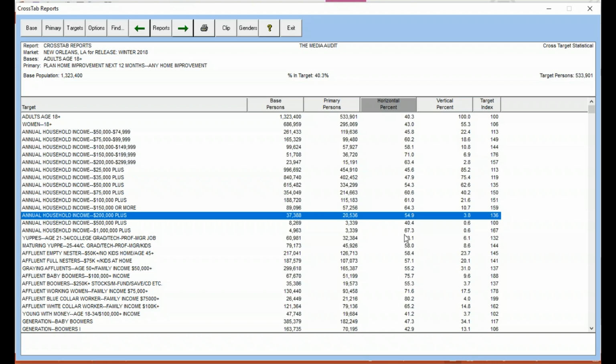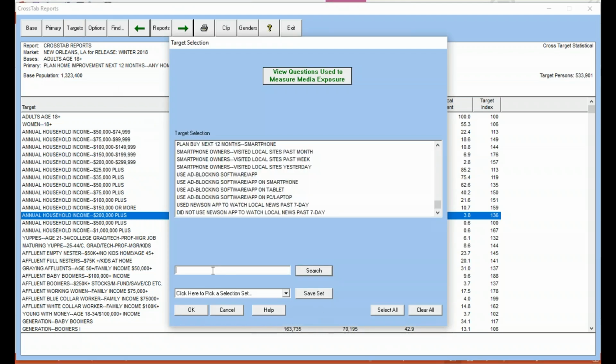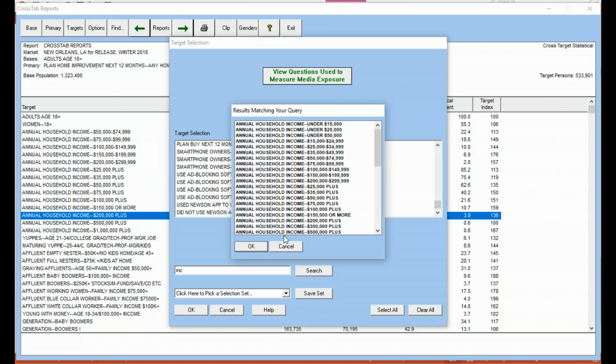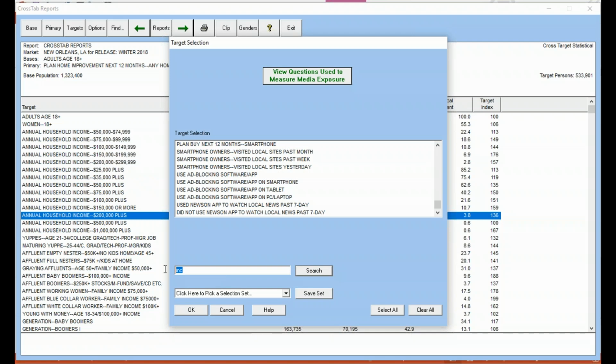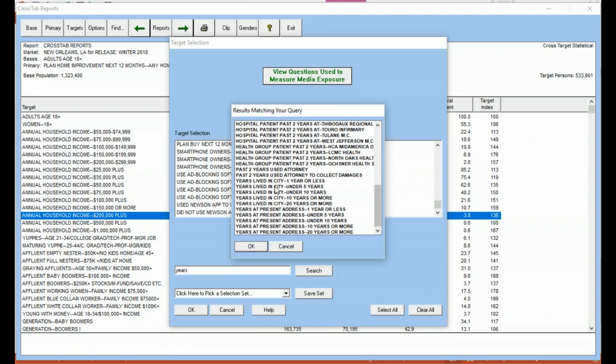But let's go back to some of the questions I had when I was thinking about why the older age breaks. So one of the things you can do, okay, is you can go back to targets, you can clear everything out, and you can search for things like, I want to know if they have high income. You can start making lists of things you want to know about them, years that they've lived in the city. I can make all of these searches and collect these items, and it's towards the bottom.